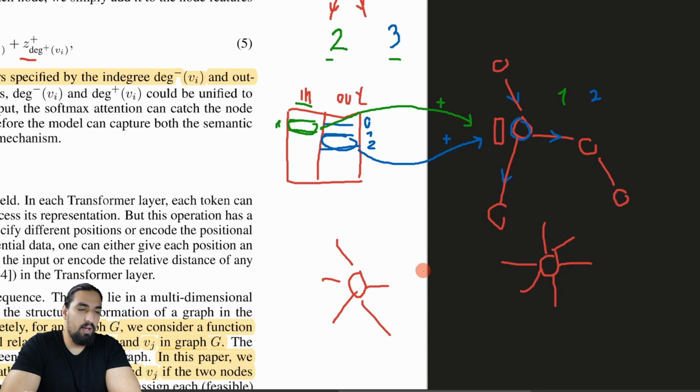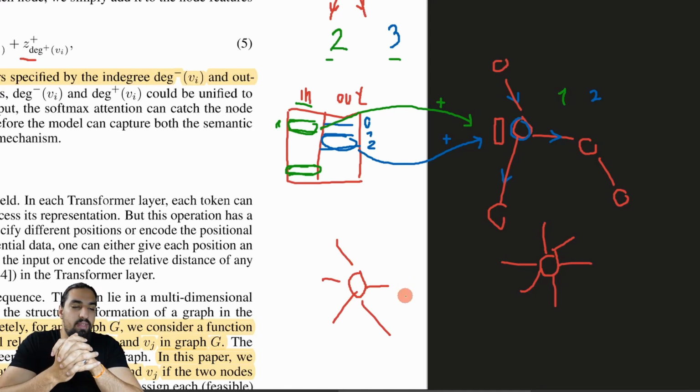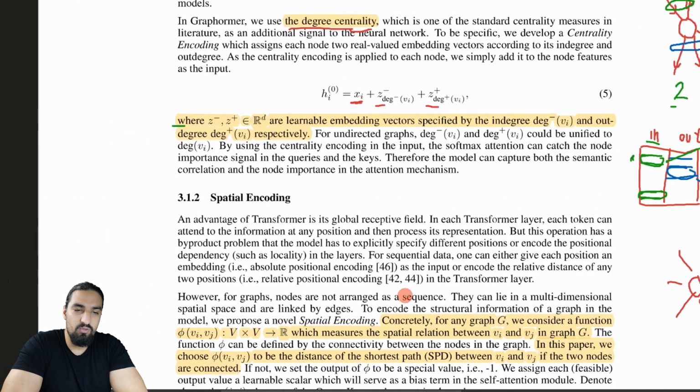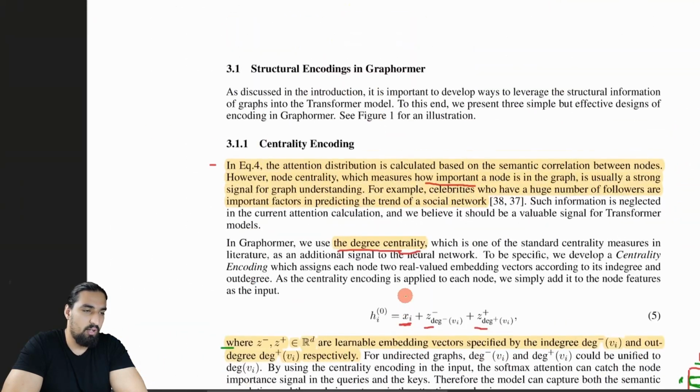That means the very same vector will be indexed for both of those, and that can signal to this Graphormer that these are somehow special. That's the rough intuition behind this first embedding procedure.